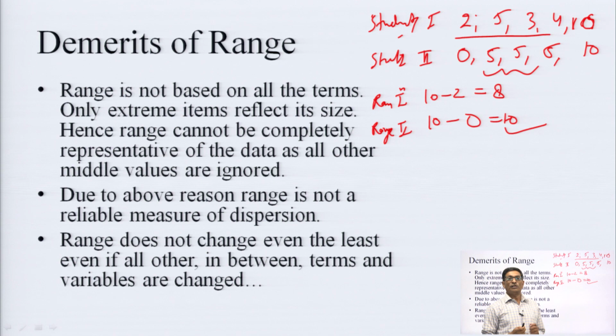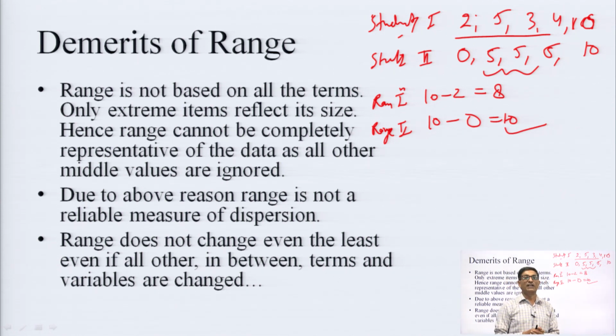So, we see here, when we calculate the range, it depends only upon the outlier values and the middle values are ignored. So, we see that the range cannot be completely representative of the data, as all other middle values are ignored.